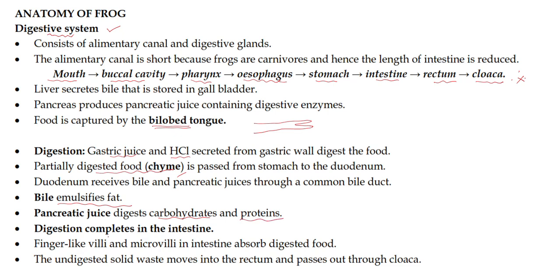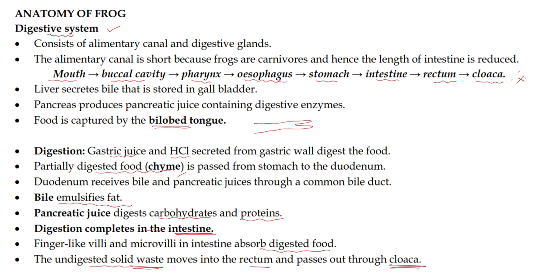So digestion gets completed in the intestine, small intestine particularly. Then finger-like structures called villi and microvilli absorb the digested food into the blood. Then blood will be supplying all the nutrients to various parts of the body. And the undigested solid waste moves into the rectum and passes out through the cloaca.